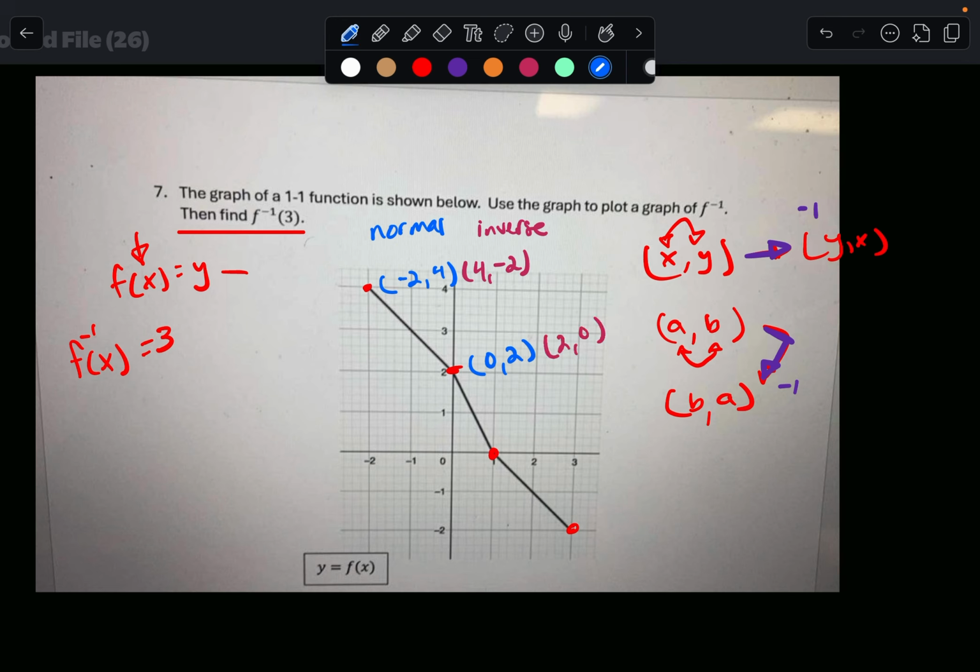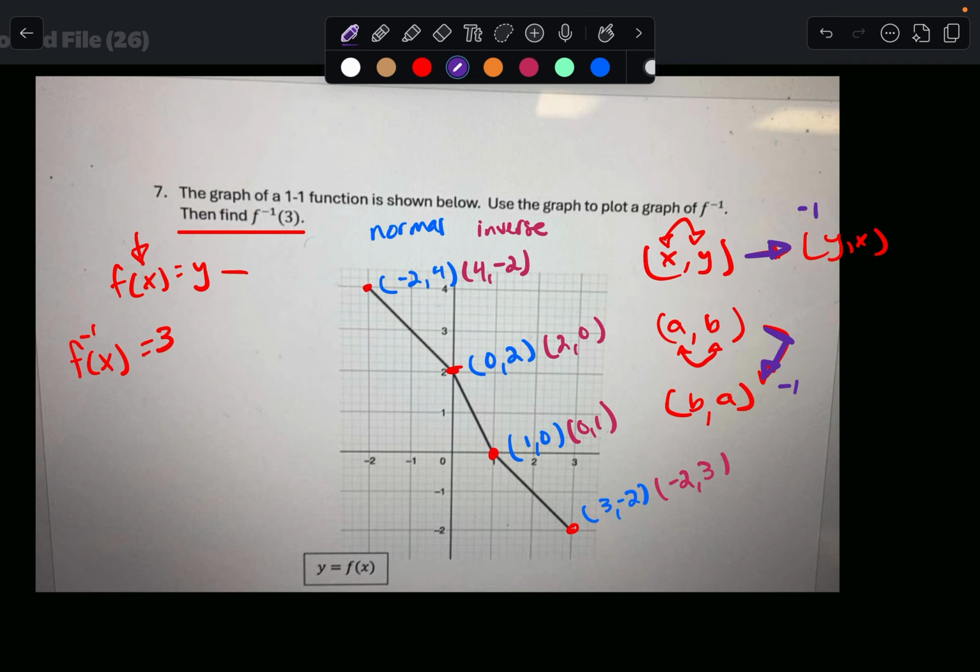And let's go right here, 1, 0. So the inverse of this is going to be 0, 1. Then down at the bottom, we've got a point that's 3, -2. So the inverse of that is going to be -2, 3.